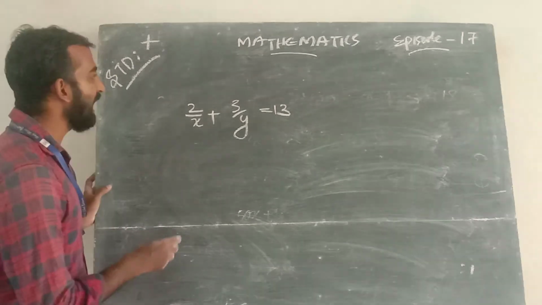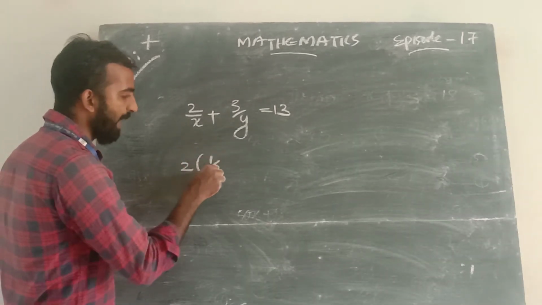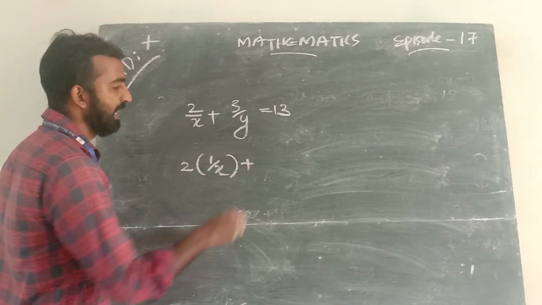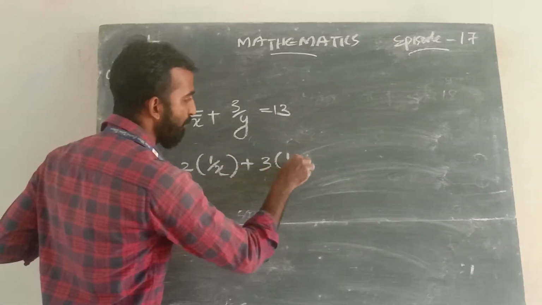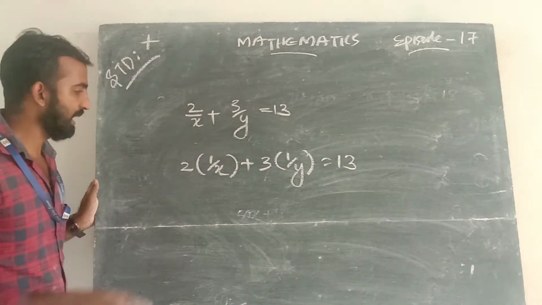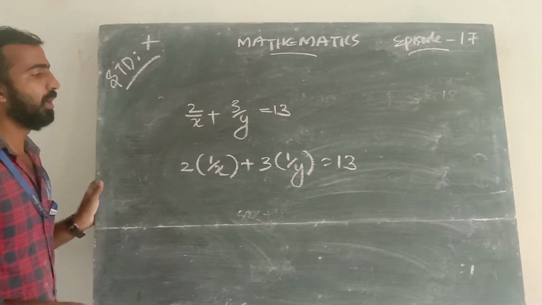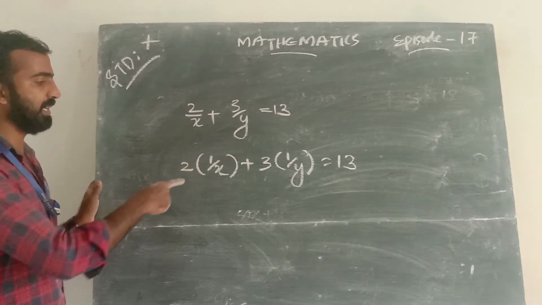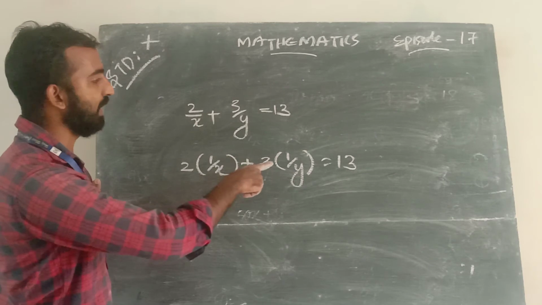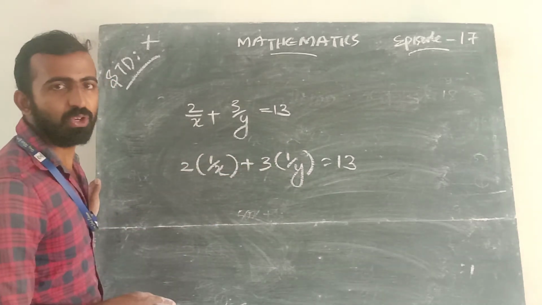That means we can write 2 into 1 by x plus 3 into 1 by y equal to 30. That is 2 into 1 by x means 2 by x, plus 3 into 1 by y means 3 by y, equal to 30.